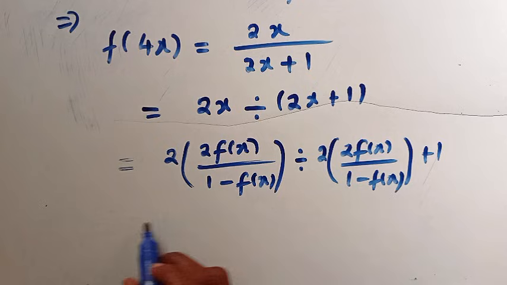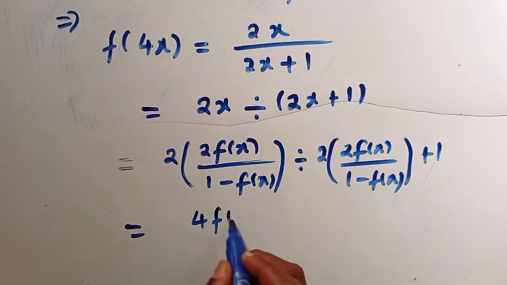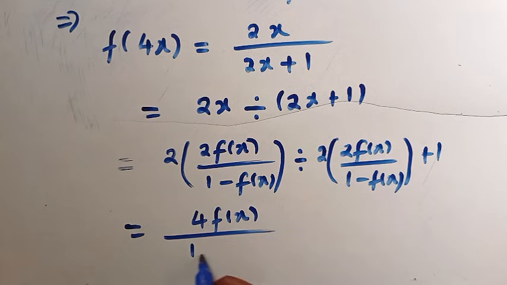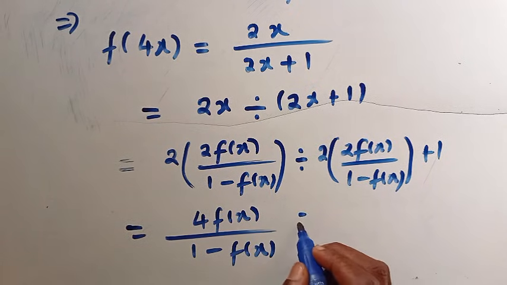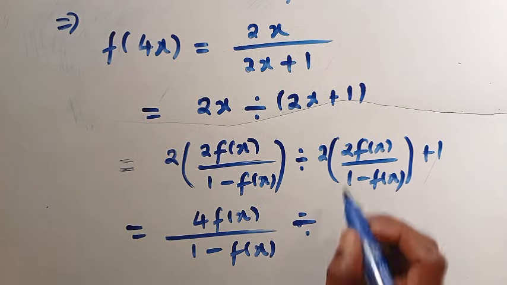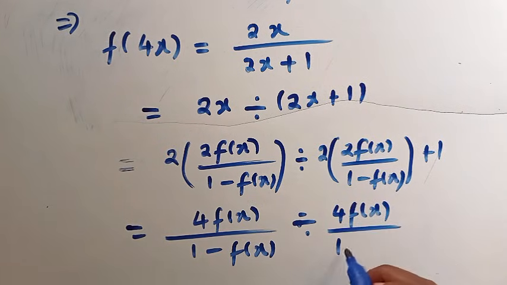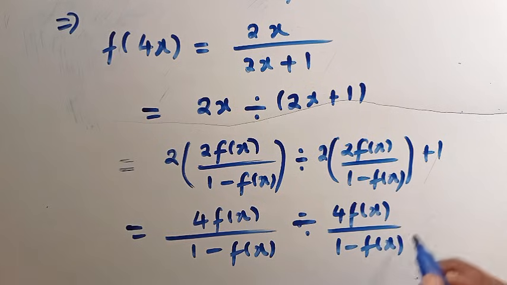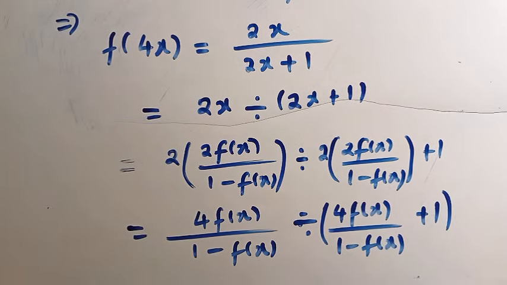By opening this, 2 times 2 is 4f(x) divided by 1 minus f(x), then divided by, again, 4f(x) divided by 1 minus f(x), then plus 1, in brackets to avoid the misuse of BODMAS.